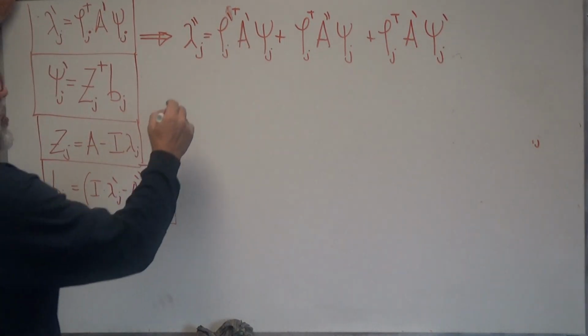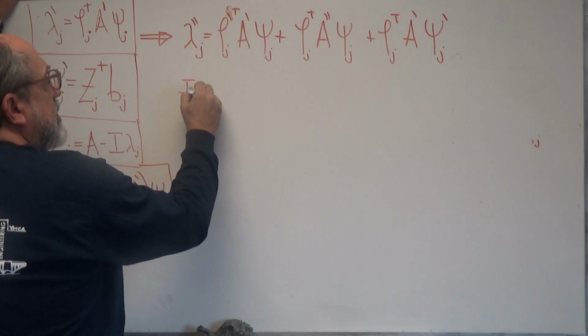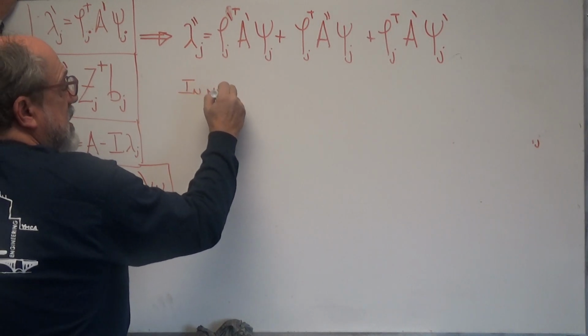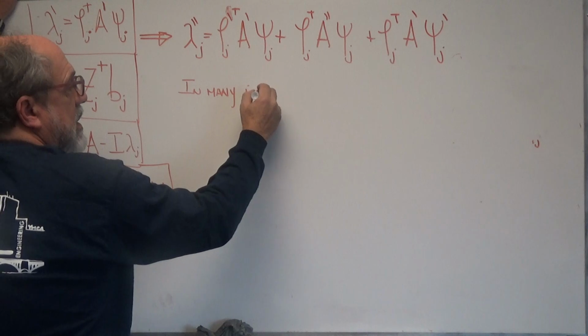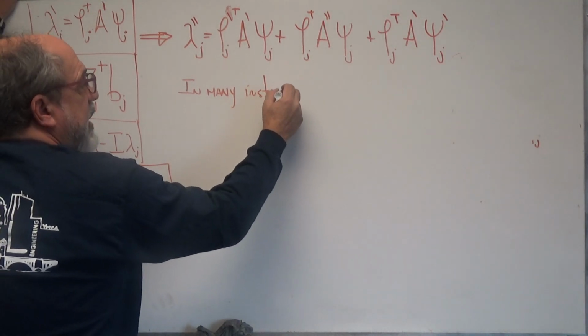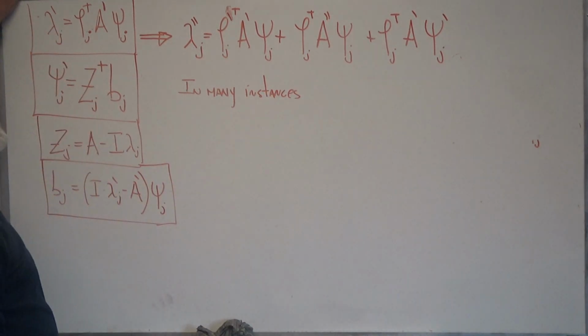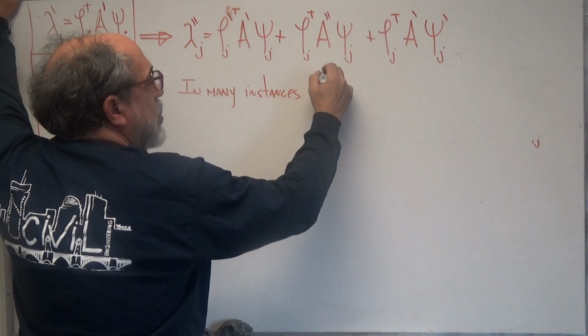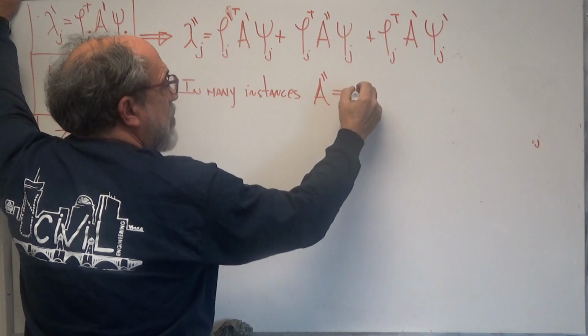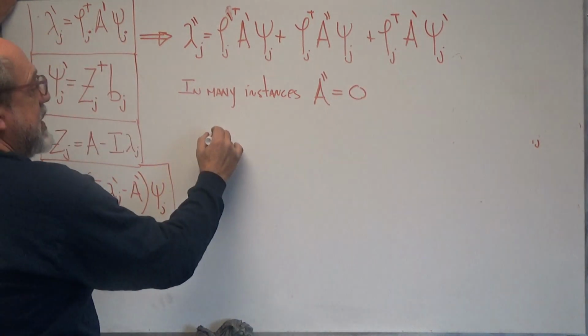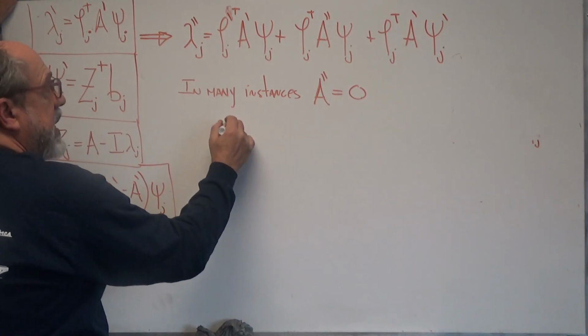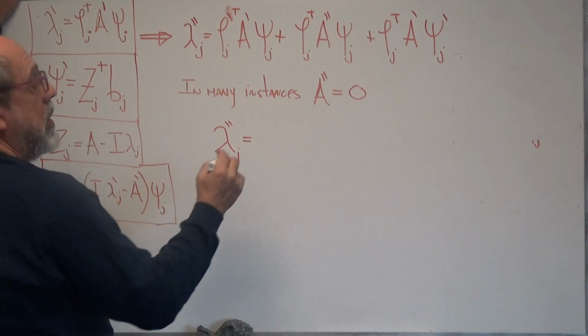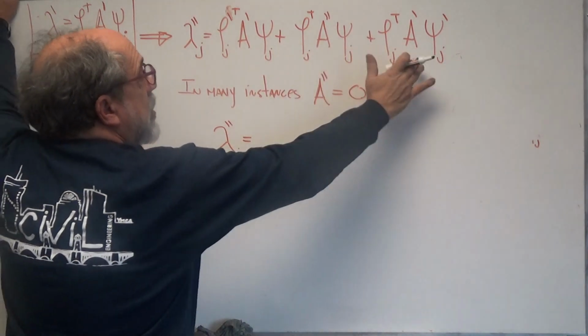Now, in many instances the matrix A is linearly dependent on the parameter, and so A double prime is 0. And in that case, the second derivative of the eigenvalue is equal to these terms here, right?